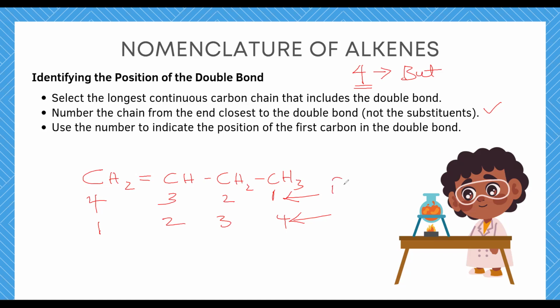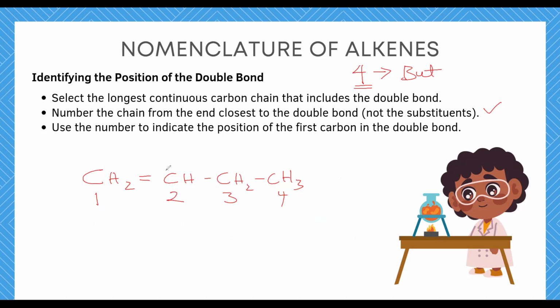Is it option one or option two? Option two. Why is it option two? Because it's closest to the double bond. Thank you very much. That is absolutely correct, David. And I'm so excited that you got that. So we're going to count from the left, one, to the right, two, three, four. Did you see that?